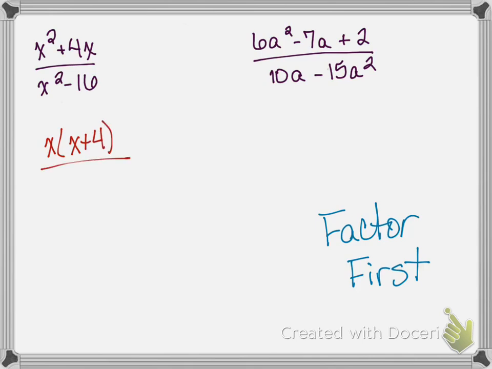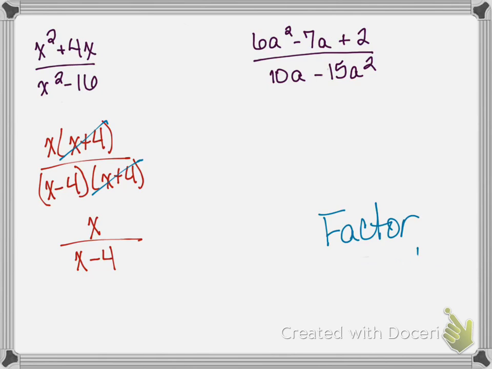Okay, what does x squared minus 16 factor to? X minus 4, x plus 4. Excellent. That is a difference of perfect squares. Okay, now what's common to both? X plus 4. Good. So I'm left with x over x minus 4.